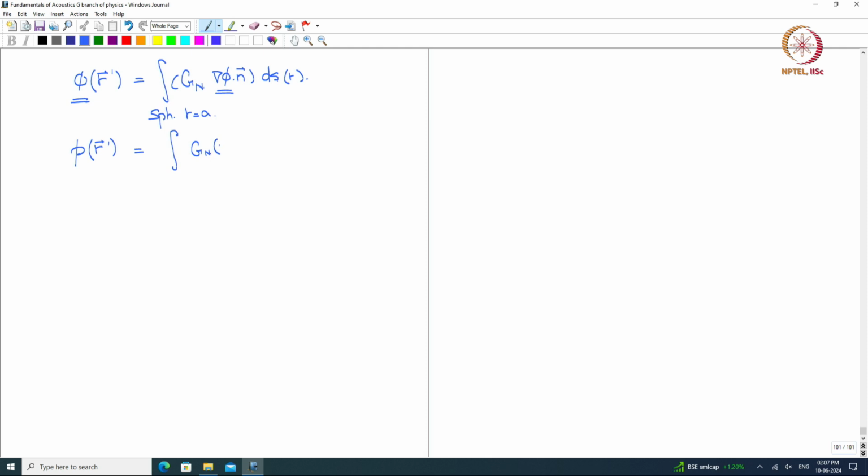G n, r equal to a, r dash, then del p del n and dS over r. In fact r is equal to a here. So this dS has the form a square sin theta d theta d phi.